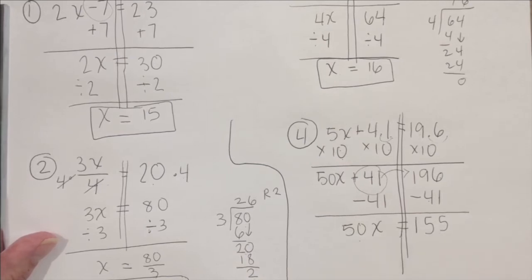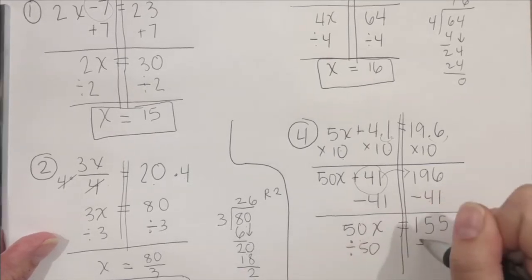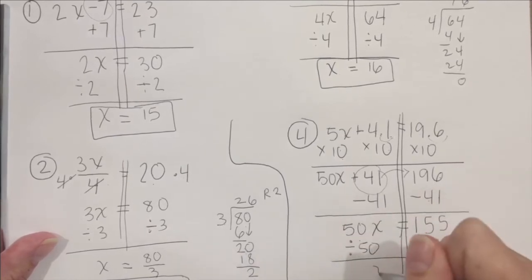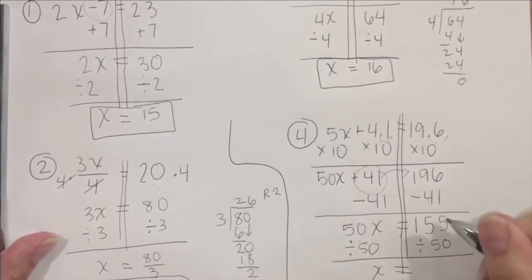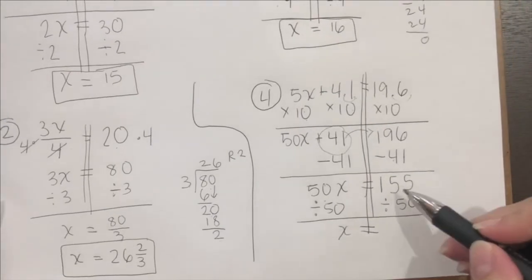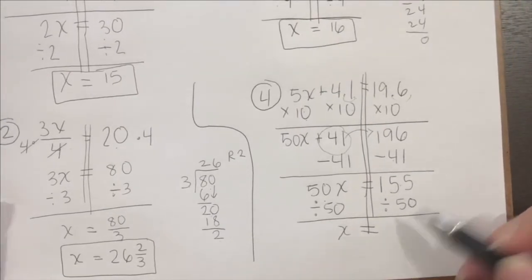So now we're going to divide by 50. We know what 50x is equal to 155, so we want to know what 1x equals. Divide by 50, divide by 50, and we're going to have x is equal to 155 divided by 50. Well, I already know that 150 divided by 50 is 3.